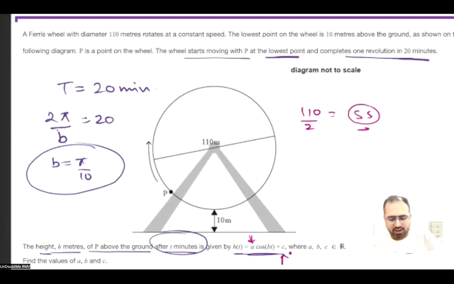How do we get the C value? So 120 plus 10 by 2. Any reason? Because that's your horizontal or vertical shift? I forgot which. Horizontal shift, right? 120 plus 10 by 2.